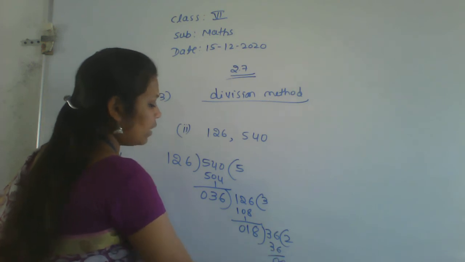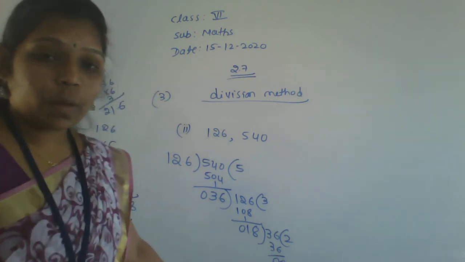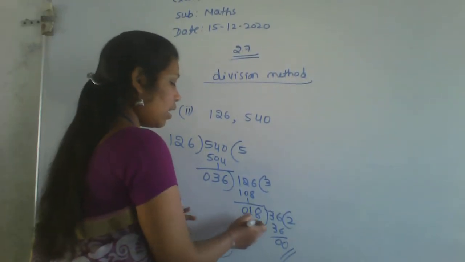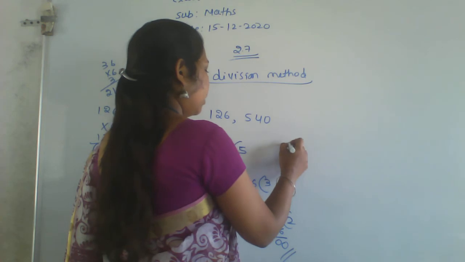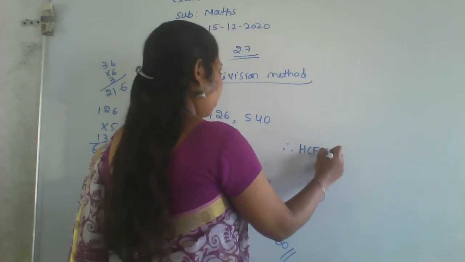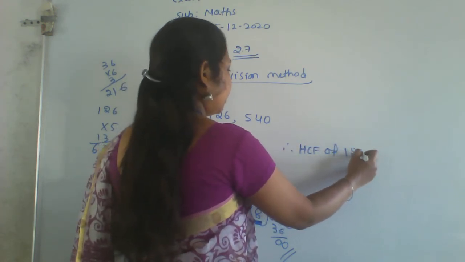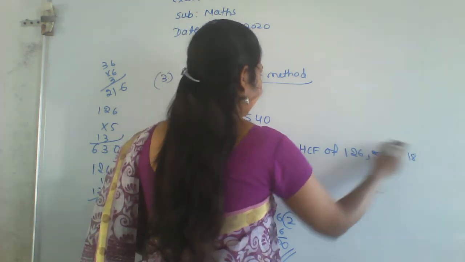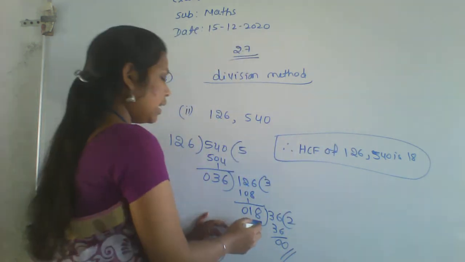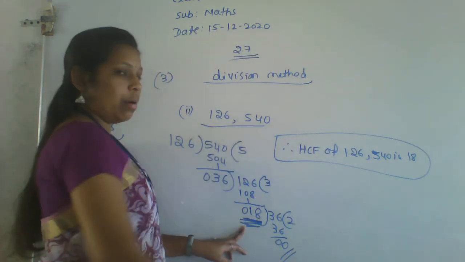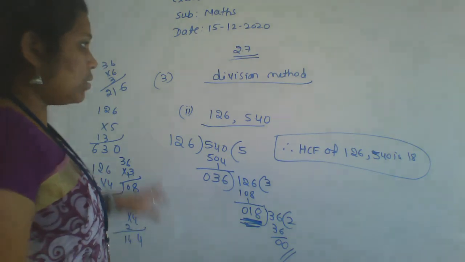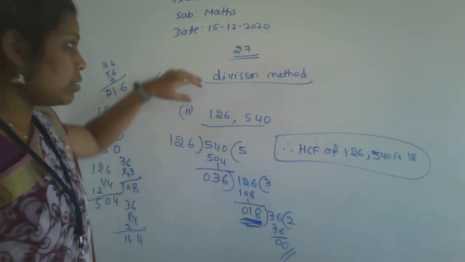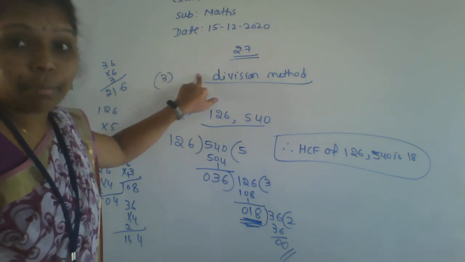So here we got a remainder of 0. What is the divisor here? 18. Therefore HCF of 126 and 540 is 18. This is the HCF of these two numbers. This is called the division method, finding the HCF of given numbers using the division method.